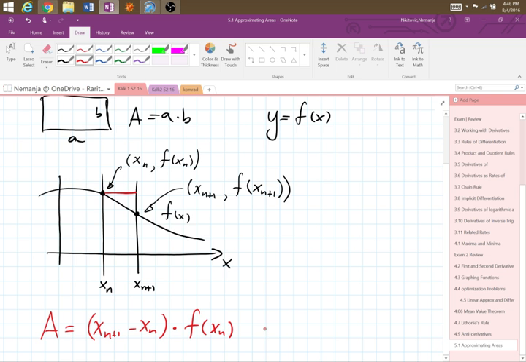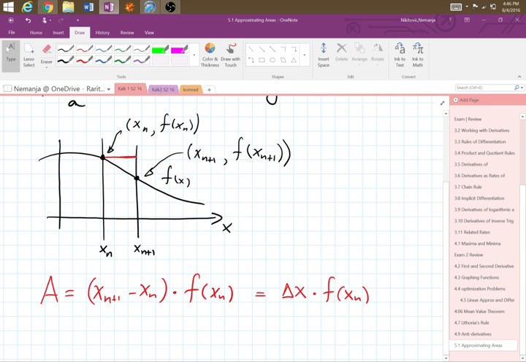To simplify this, we would call the difference between xn plus 1 and xn delta x, times the function at xn. There is no shortening that one. So we will also call this one left-hand approximation, because it's the left point that gets used, so we call it the left-hand approximation.